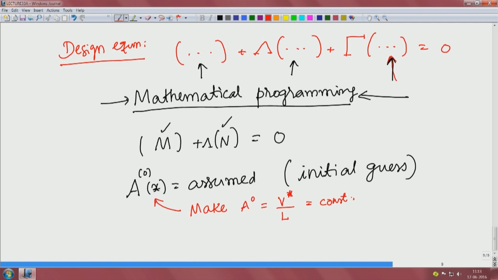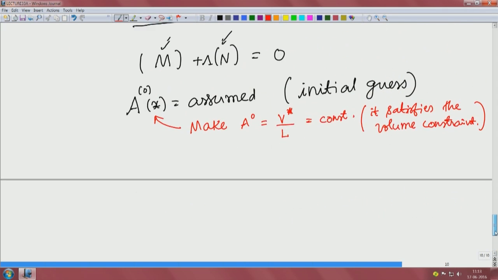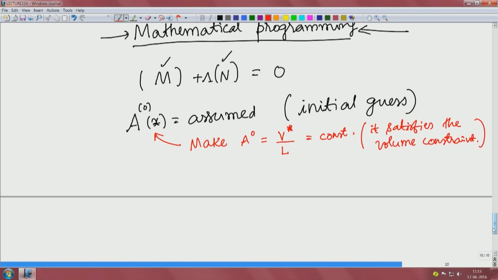So it satisfies the volume constraint. Now, taking this equation, we can use that optimality criteria method.